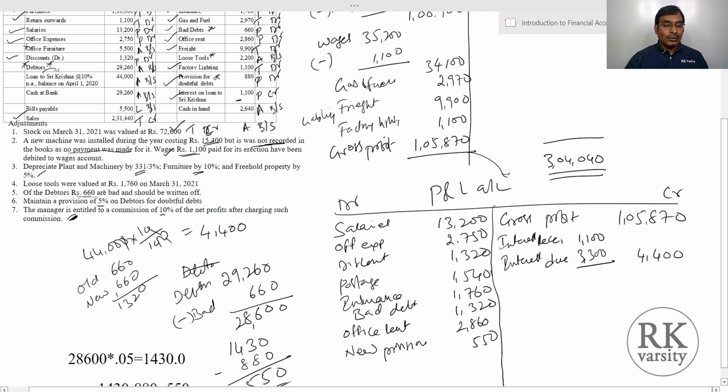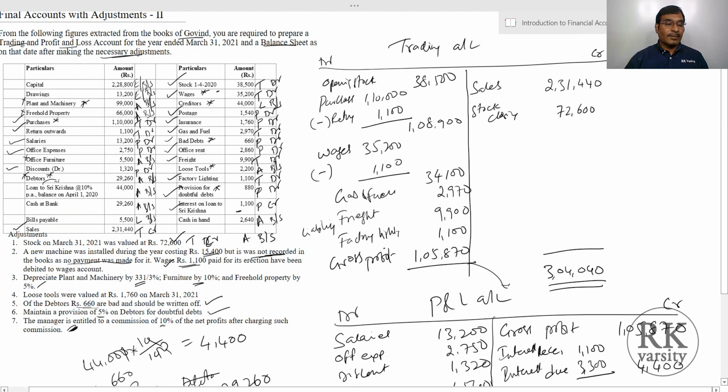Now loose tools. Bad debts we entered one time. Then the provision for doubtful debts we entered. So next we have to calculate the depreciation. Depreciate plant and machinery at 33%. Now what is the value of the plant and machinery that you have?